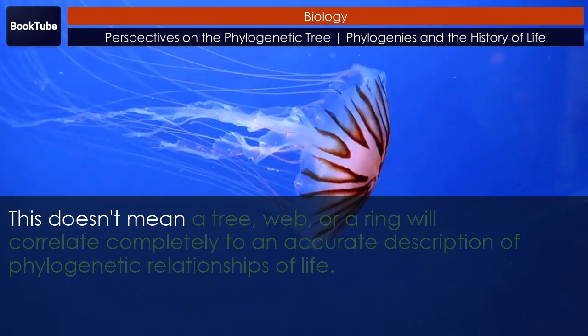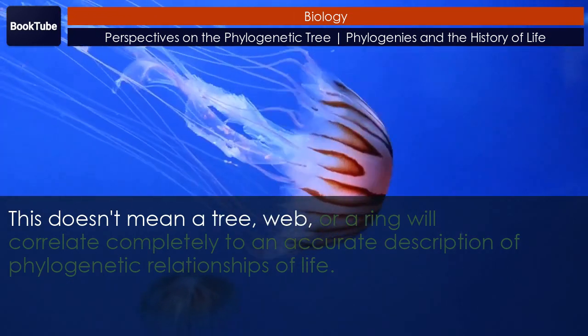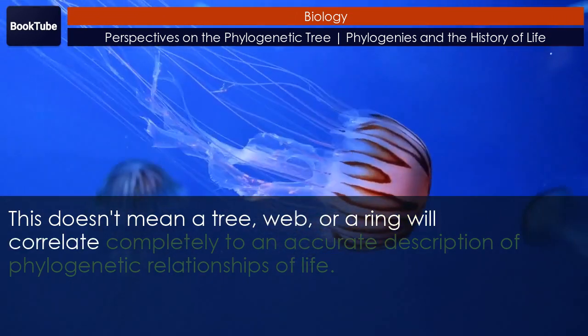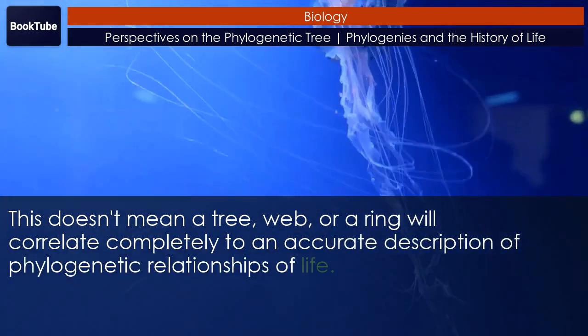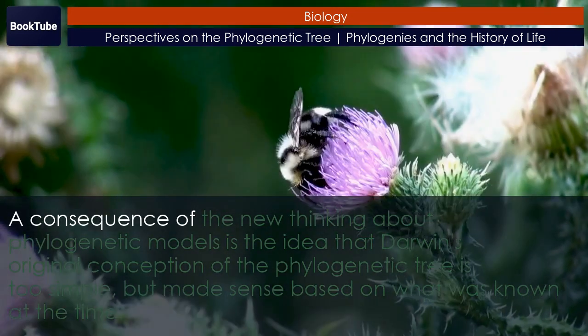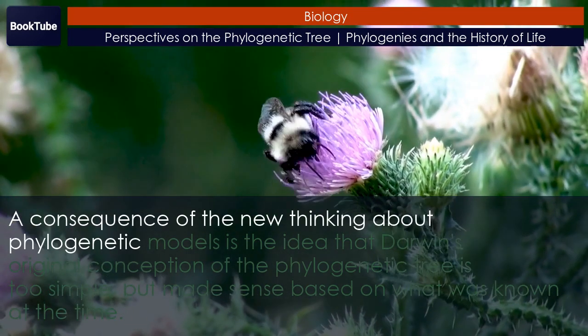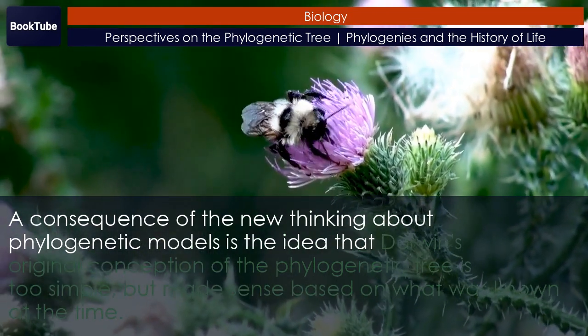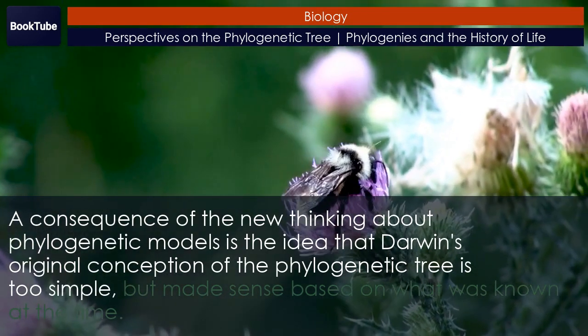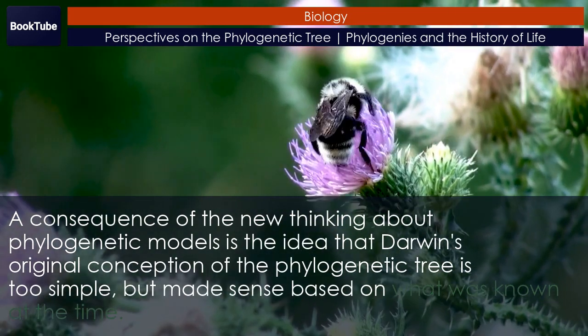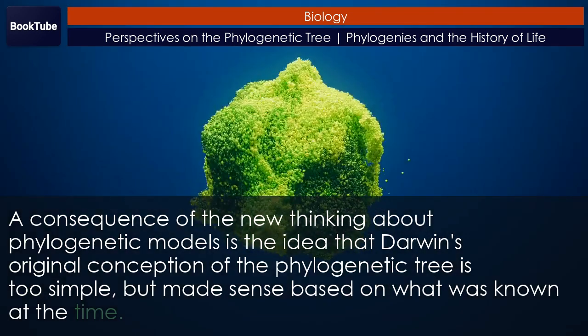This doesn't mean a tree, web, or a ring will correlate completely to an accurate description of phylogenetic relationships of life. A consequence of the new thinking about phylogenetic models is the idea that Darwin's original conception of the phylogenetic tree is too simple, but made sense based on what was known at the time.